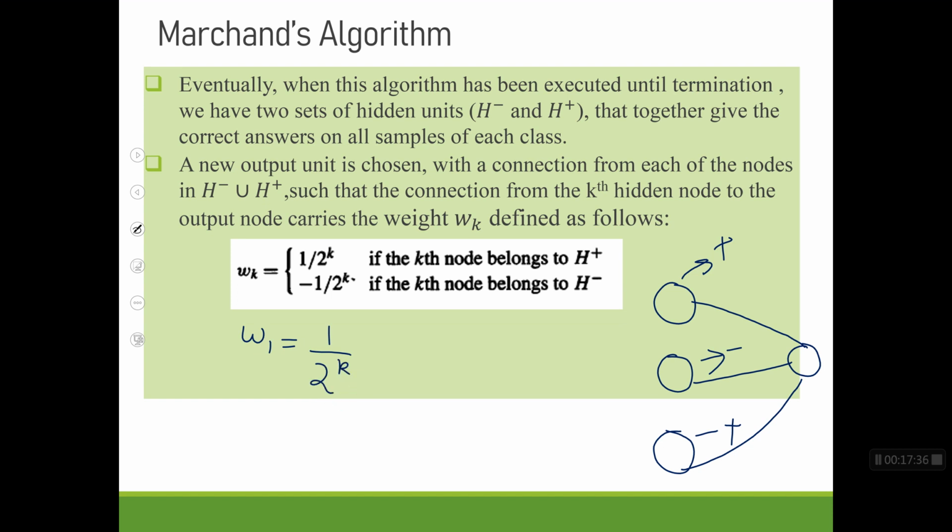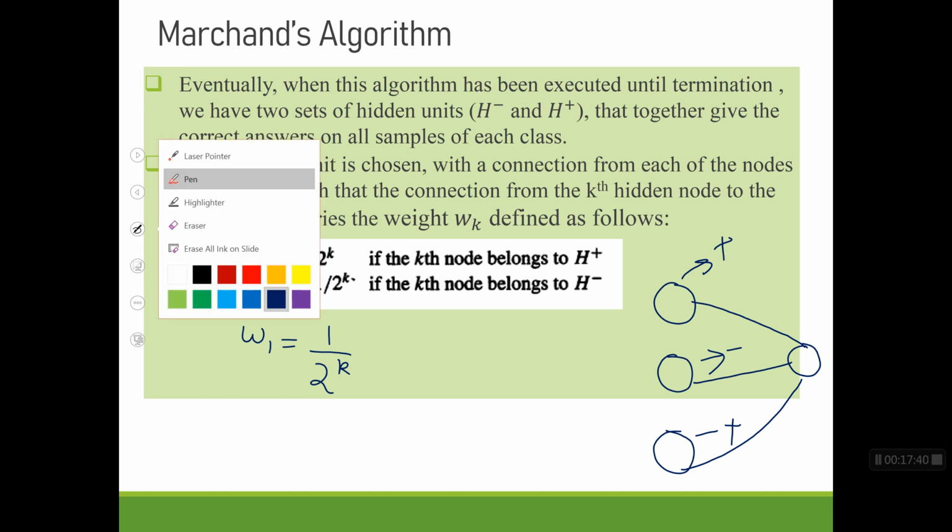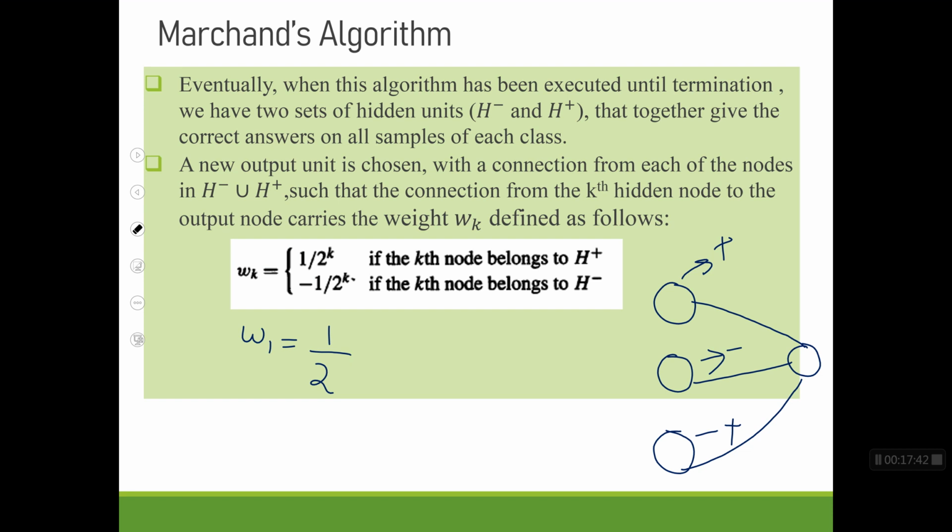Now, this node is nothing but the first node, so k will be equal to 1. So I have to replace this k with 1, giving 2 raised to 1. And what should be the sign? The sign is either plus or minus, depending upon whether it belongs to H plus or H minus. So this belongs to H plus, so the sign would be plus.